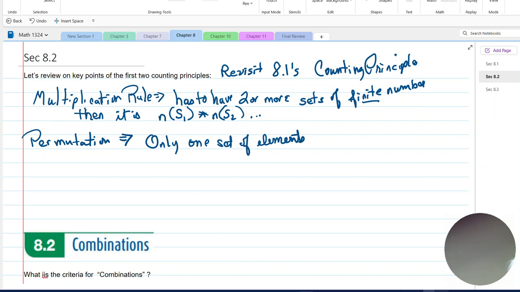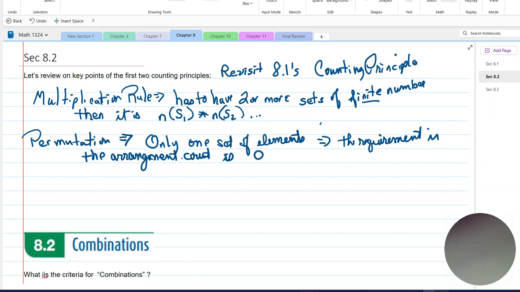Again, they're finite, and the requirement is the arrangement count is order specific. This order specific is the key.